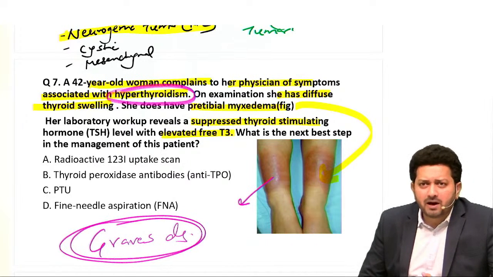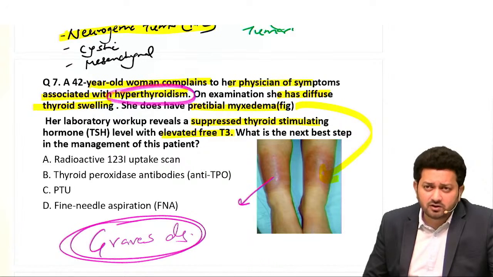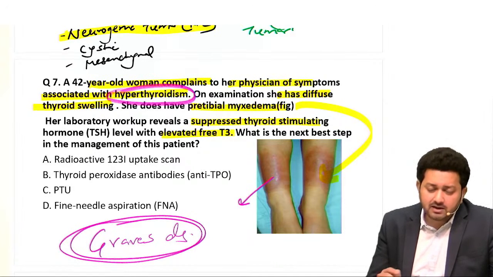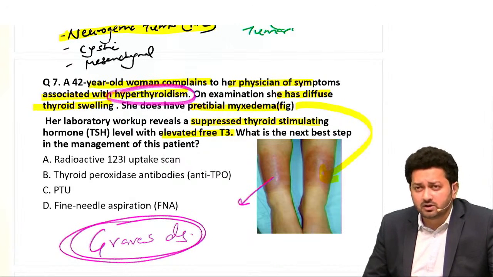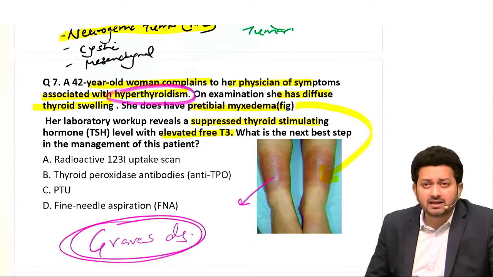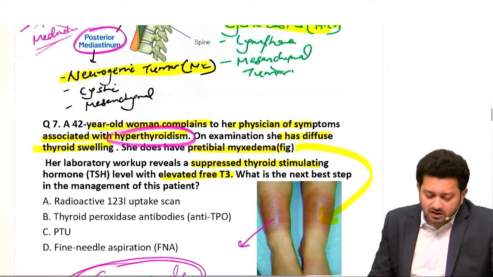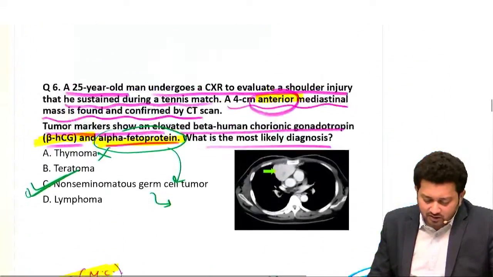Teratoma is a part of it. That is a type of non-seminomatous germ cell tumor only. So when we say that alpha fetoprotein is raised and beta HCG is raised, beta HCG is raised in which type of non-seminomatous germ cell tumor? Now let me ask you why it is not teratoma.